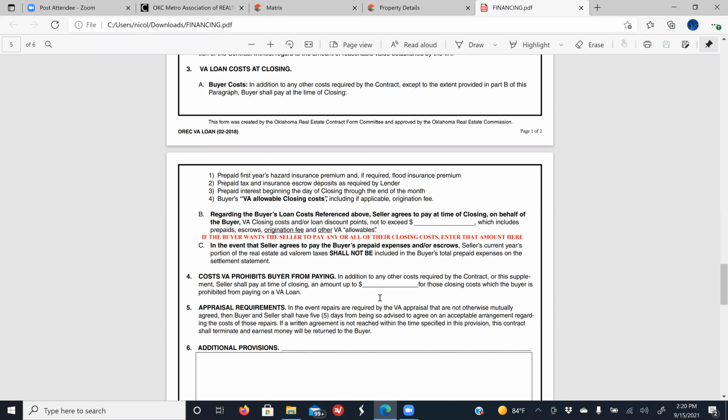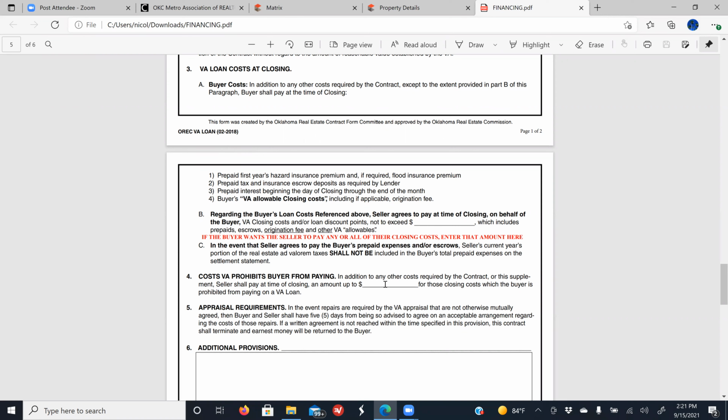So again, hypothetical situation that you talk with your buyers, they want the sellers to contribute, in this case, let's say $3,000, and the unallowable costs from the lender are $200. So what we would do in section 3B, we would write $2,800 in that blank. And then in section 4, we would write $200.